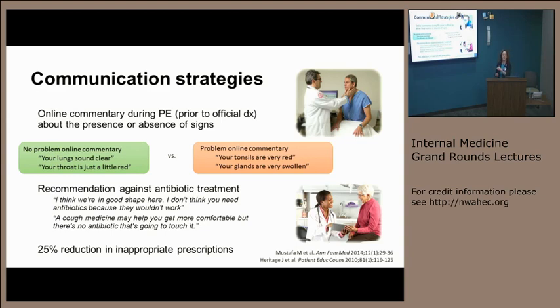So online commentary would be examining the patient and saying, oh, your lungs sound clear, or your throat is just a little red, as opposed to identifying problems like, oh, your tonsils are very red, or your glands are very swollen. Even though that might not necessarily mean a bacterial infection, patients associate that with the need for antibiotics.